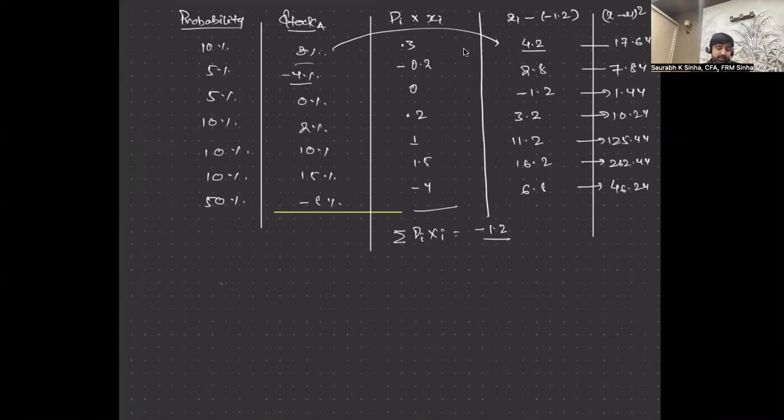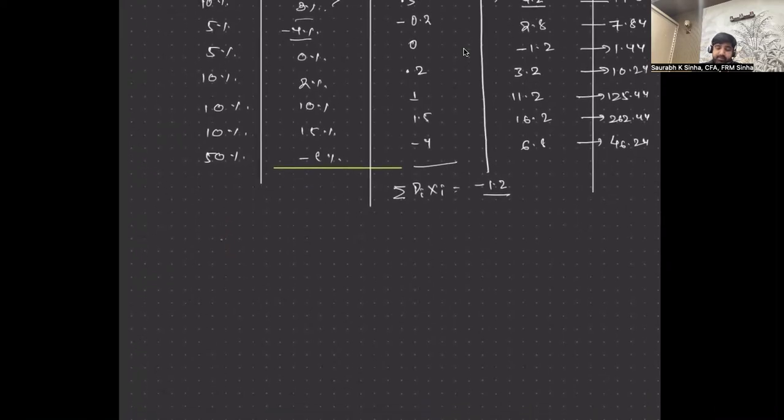So you make another column and say probability into xi minus mu whole square.